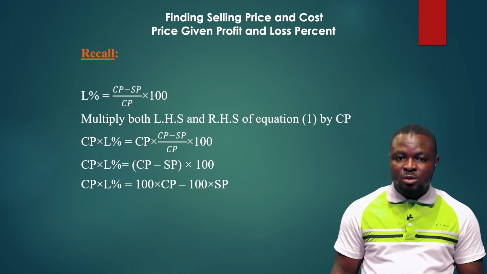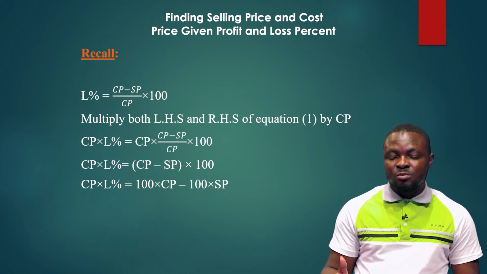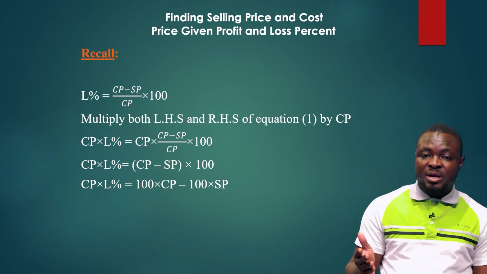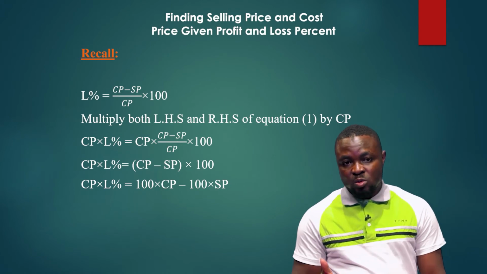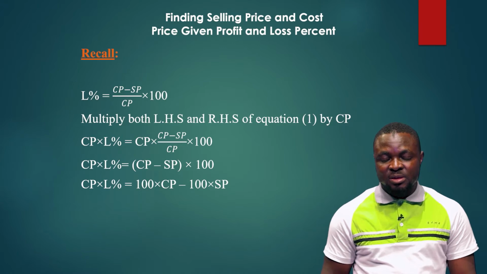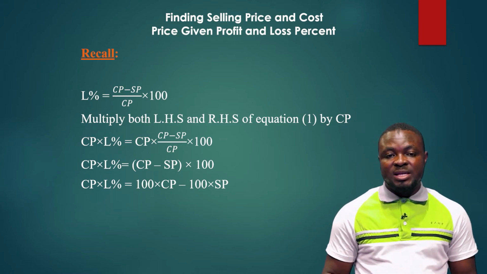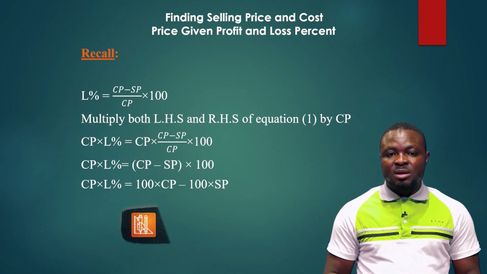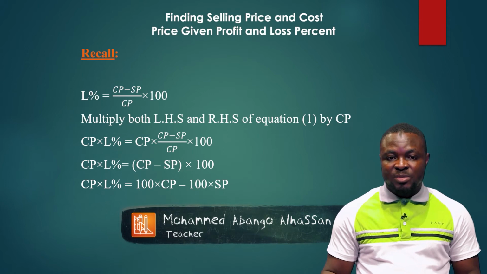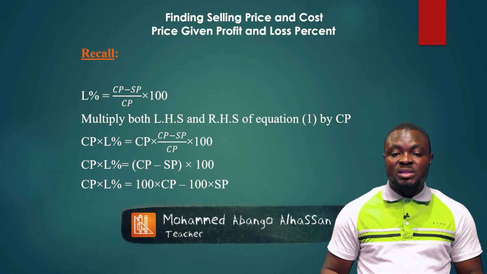It's the same thing. As we have seen, we again have to multiply the formula by cost price. I've numbered it equation 2, which is loss percent is cost price minus selling price over cost price times 100. If you multiply both the left-hand side and the right-hand side by cost price, you end up with cost price times loss percent equal to cost price times cost price minus selling price over cost price times 100.